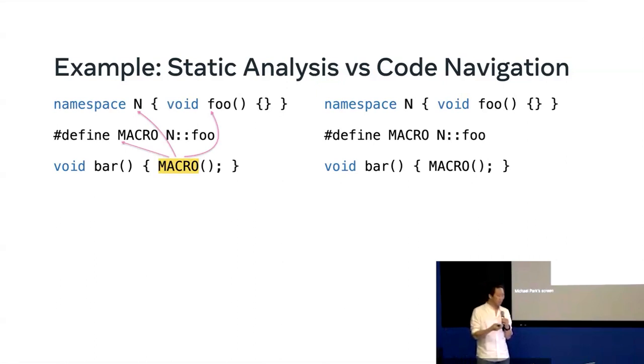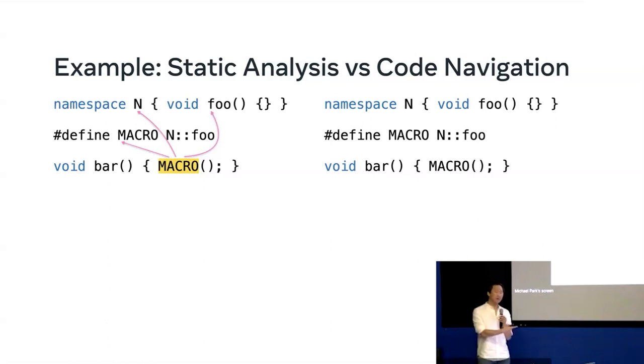Once that thing is pasted, the references to the namespace n and the function foo come from inside bar. And so you could do static analysis, for example, that says, hey, does bar call foo, right? And it'll say, yes, there's a reference to foo from within the body of bar. And so we can make that deduction.